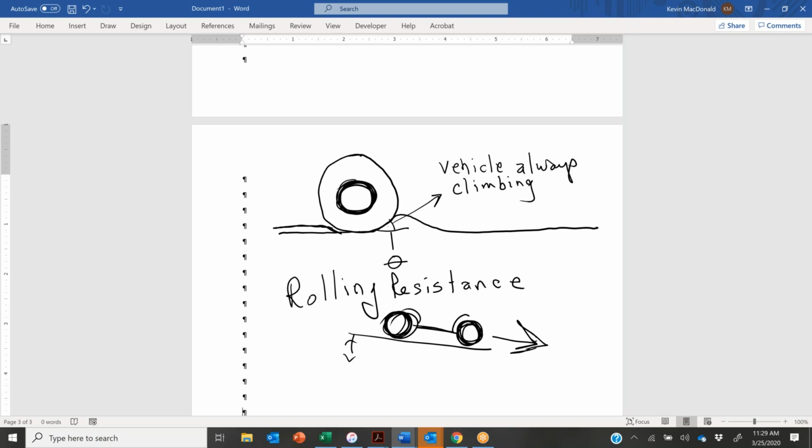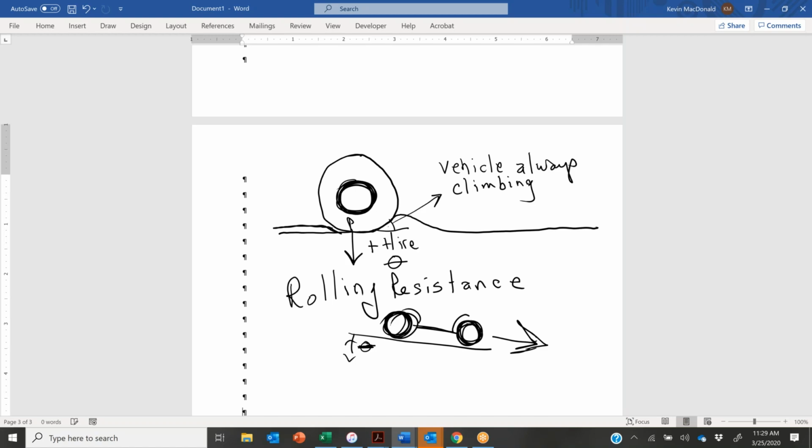And so this rolling resistance is an angle that is related to the vehicle perpetually crawling itself out of the hole that it's creating by its load plus the tire pressure.